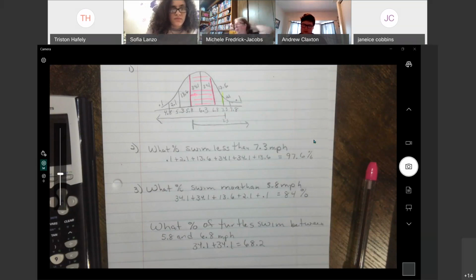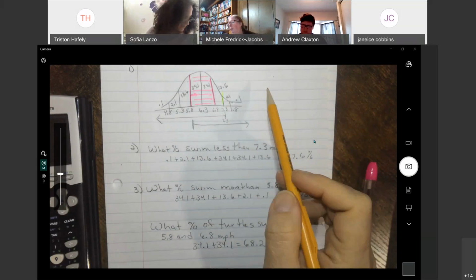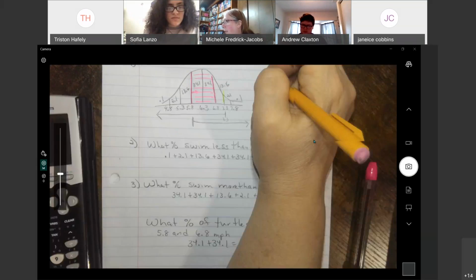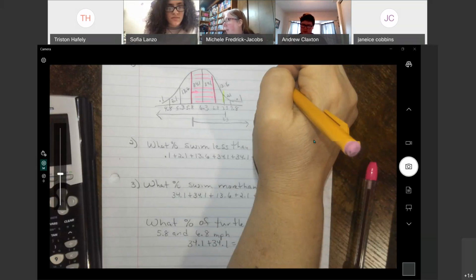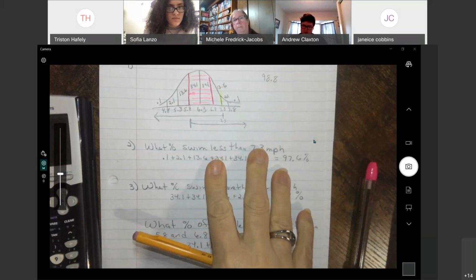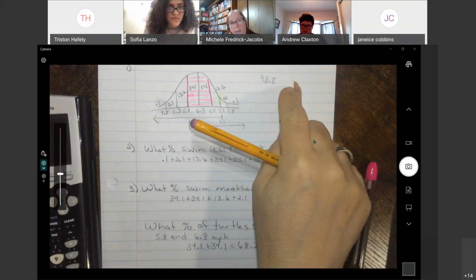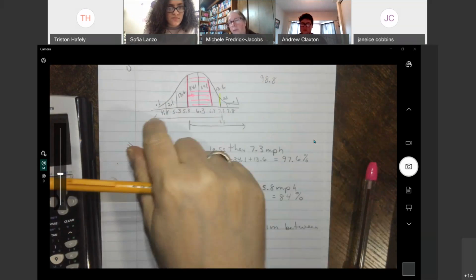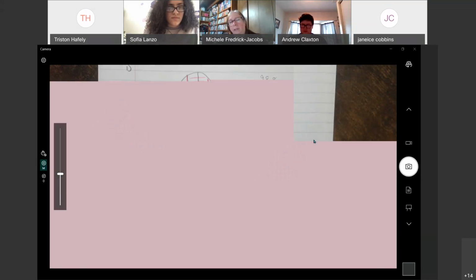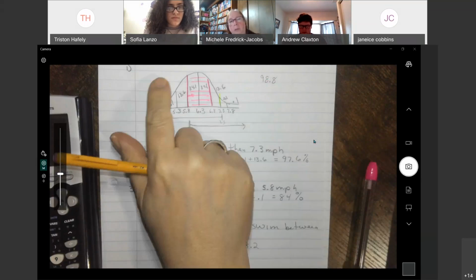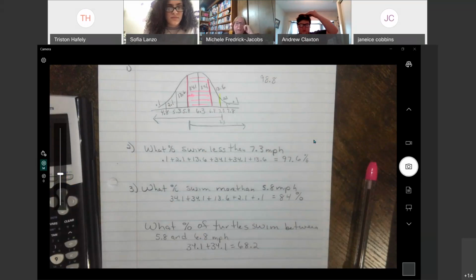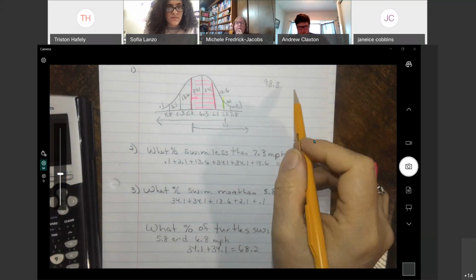Also your curve, if you add up all your percents, it adds up to 98.8. This normal curve leaves room for outliers, the other 0.2%. The reason other curves are different, they add up to 1. I like when they add up to 1 because then you have all of them. This is leaving room for outliers.